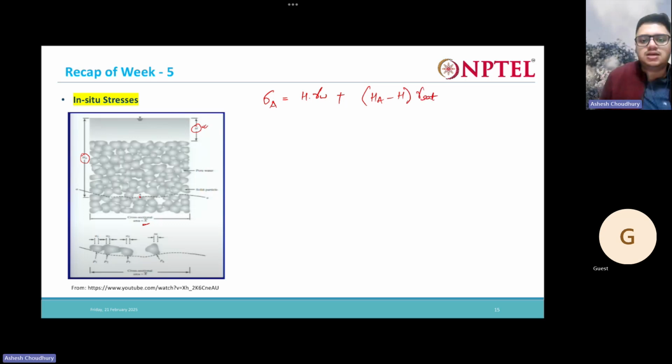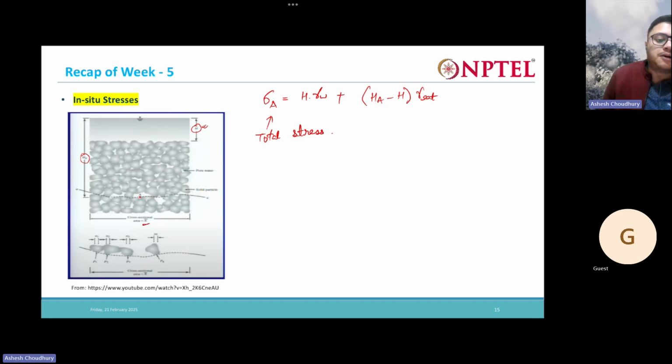Here gamma saturated is the saturated unit weight of the soil. So this is the total stress.